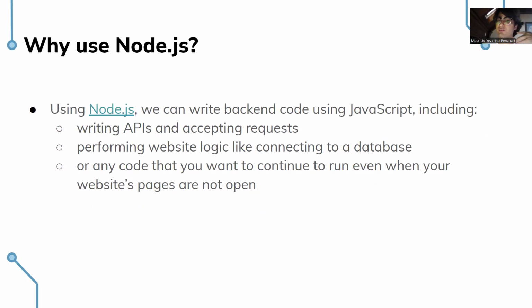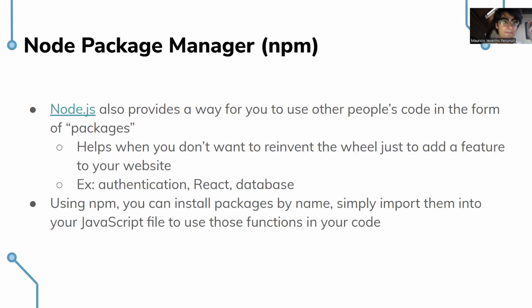Well, Node.js allows us to write backend code using JavaScript, and this includes writing APIs, accepting requests, performing website logic like connecting to a database, or basically any code that you want to continue to run even when web pages are not open. You need this constant availability to serve any purpose, whether it's someone wants to request your page or something of that sort.